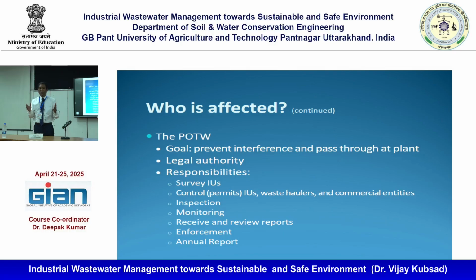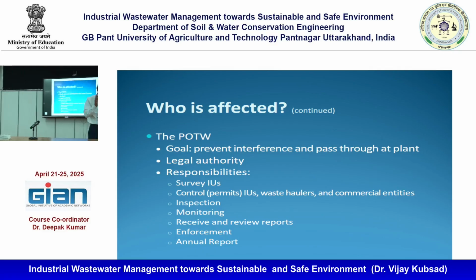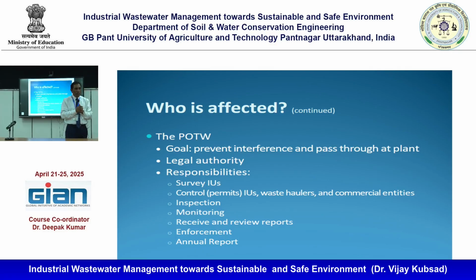They say that cities should know how many industries there are, what they are manufacturing, what the volume of the wastewater coming is, what the quality of the wastewater is, and what the characteristic of that wastewater is. They say we must know. You cannot hide anything. That is what this survey is.